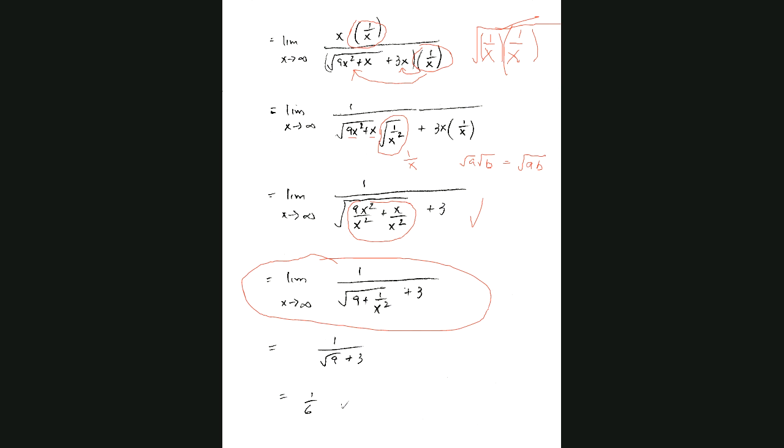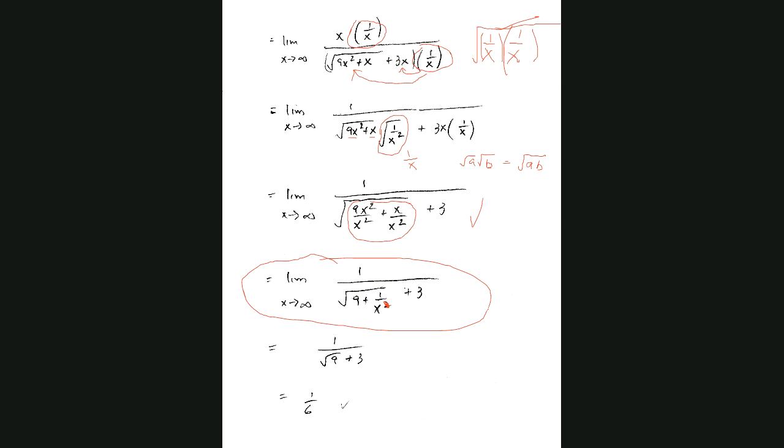Nicholas says on step 4 should be 1 over x, not 1 over x squared. Oh, yes, thank you, well done. So class, x over x squared is 1 over x.